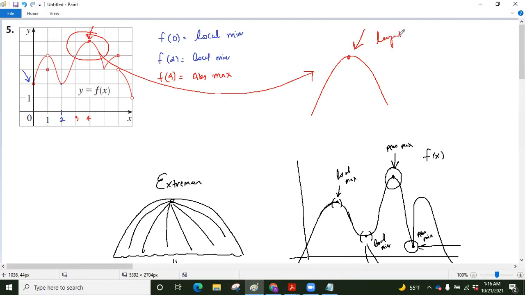This is the absolute extrema. I can definitely say that it's the highest point throughout the entire graph, but I can also say that within its own neighborhood, it is a local maximum.